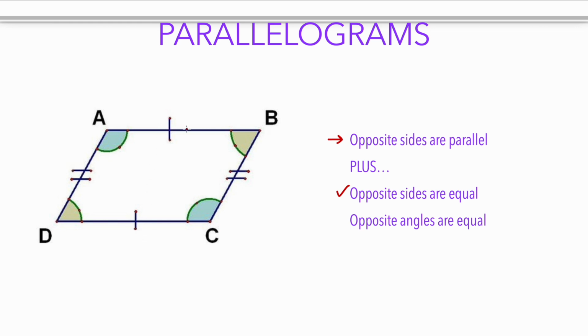So not only are they parallel to each other, but opposite sides are also equal to each other. For example, if this is 5 centimeters, then this is 5 centimeters. The other thing to note is that opposite angles are equal. So if this is 100 degrees, then its opposite angle is 100 degrees. Those are additional characteristics of a parallelogram.